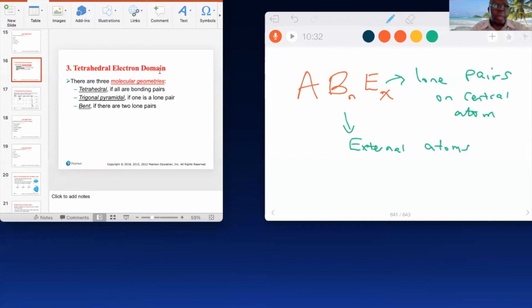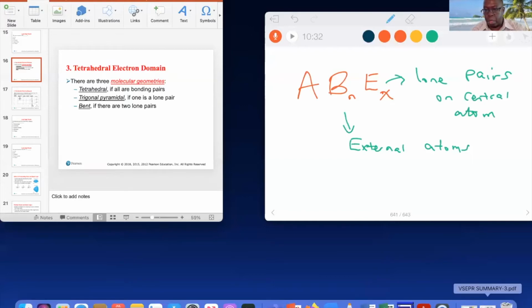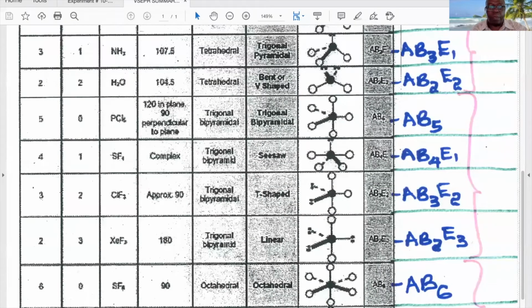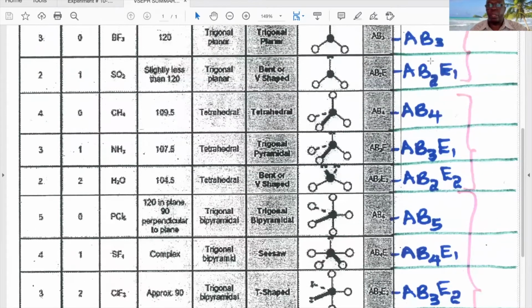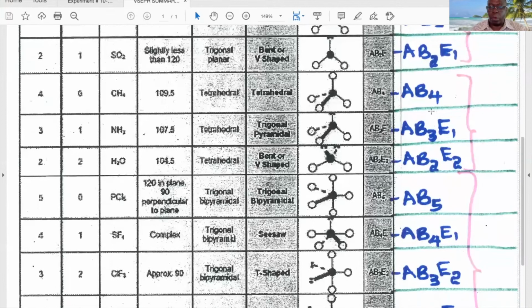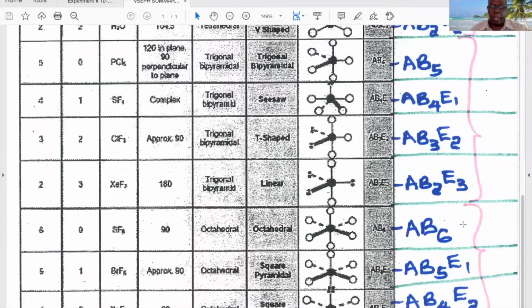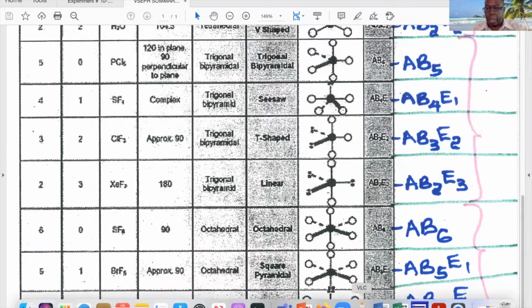So for the tetrahedral electron domain, this is not molecular geometry, electron domain, if it has three sides, how are you going to look at that? If you look at this, for trigonal, for 3 sides, tetrahedral, and then trigonal pyramidal AX3E1, okay? We have more geometries based on the lone pairs, all the way to AX6 total for electron domain geometry.